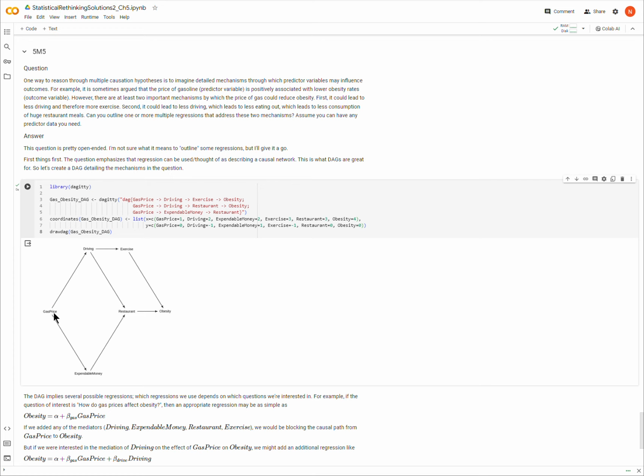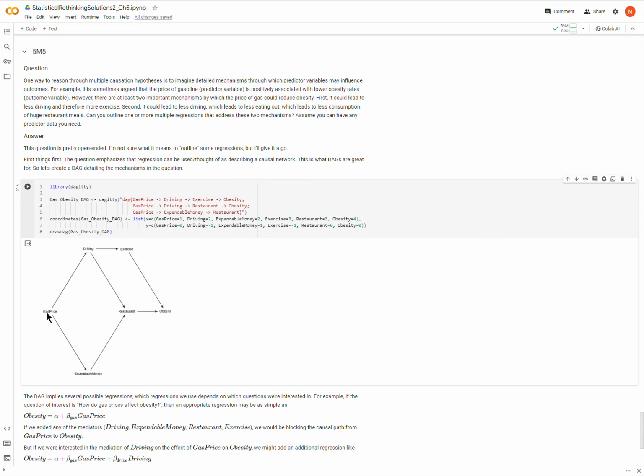Okay, so I have that gas price is ultimately affecting obesity here on the other end by a couple of mechanisms. One is driving and expendable money. So driving may affect obesity by increasing exercise or decreasing restaurant attendance or whatever, and that exercise and restaurant attendance might somehow affect obesity.